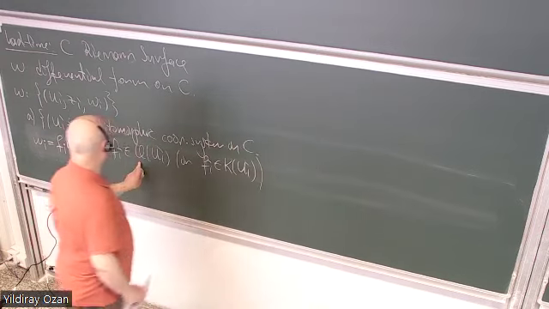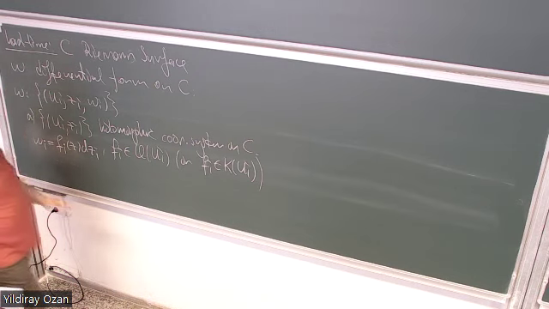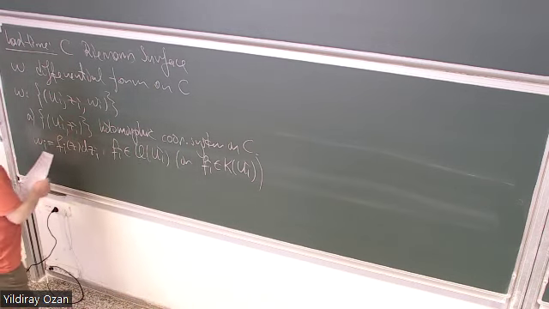If these coefficients are holomorphic, then we call W a holomorphic one form. If they are meromorphic, then we call it a meromorphic one form.